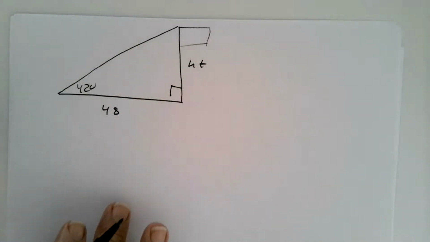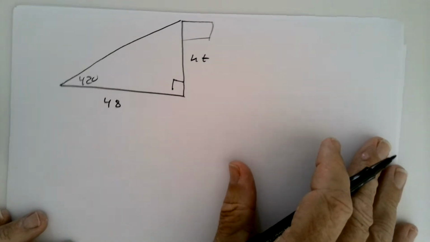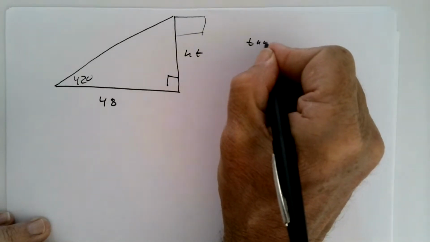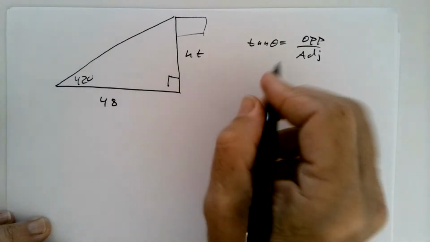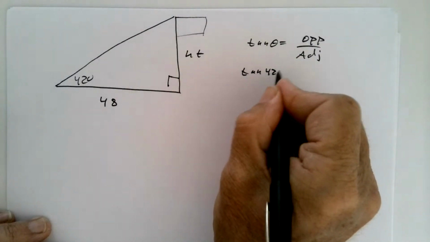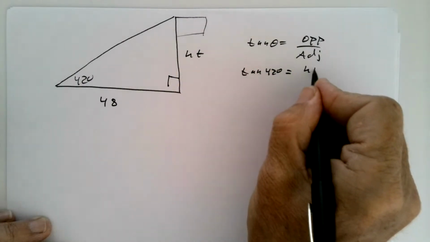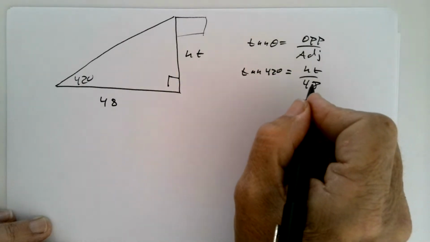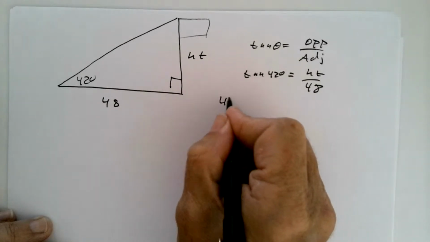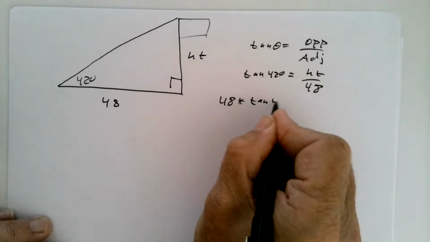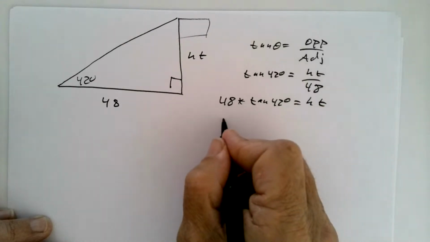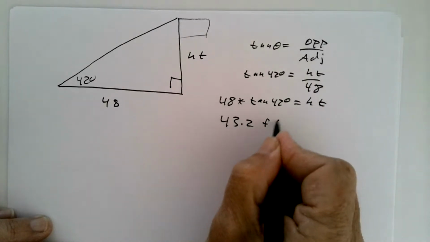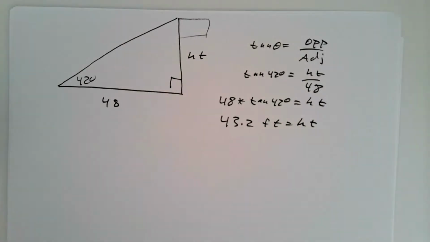So the tangent of theta is opposite over adjacent. So in this case, tangent of 42 degrees is height over 48. So 48 times the tangent of 42 degrees is the height, 43.2 approximately. 43.2 feet is approximately our height on that one.